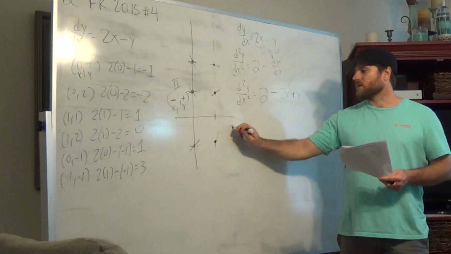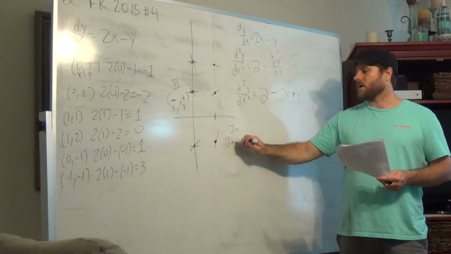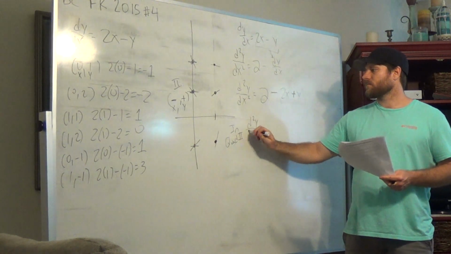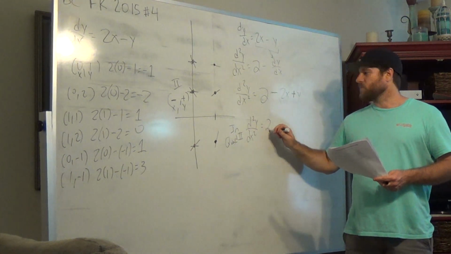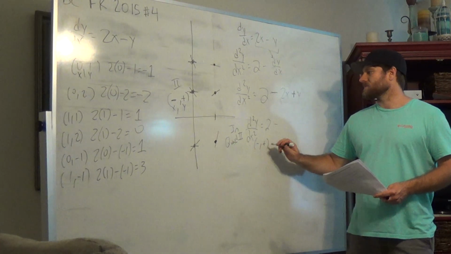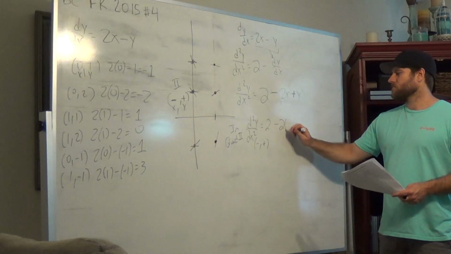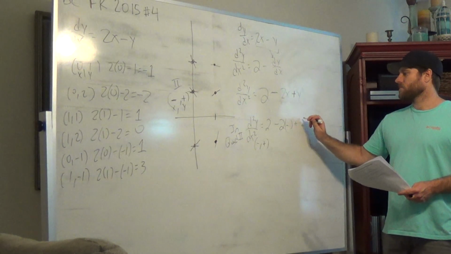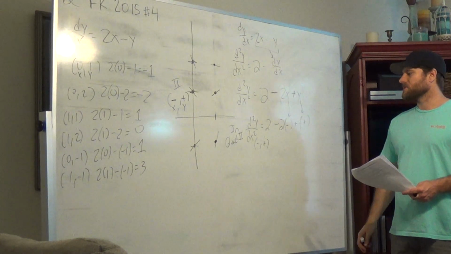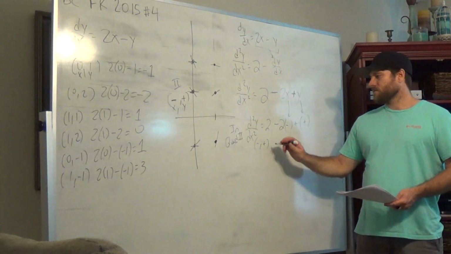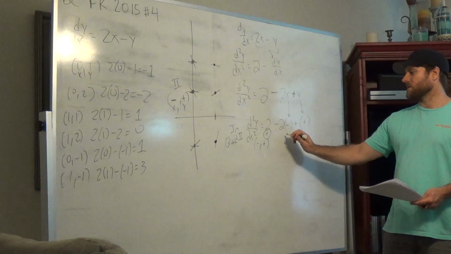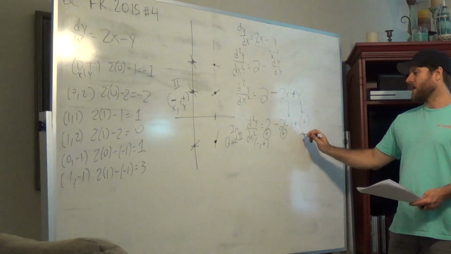So now I'm going to look at what happens in quadrant 2. I'm replacing every x with a negative and every y with a positive just to see what happens. So this is replaced with a negative number, this is replaced with a positive number, and you'll notice 2 is now positive, a negative 2 times a negative is now positive, this is a positive.